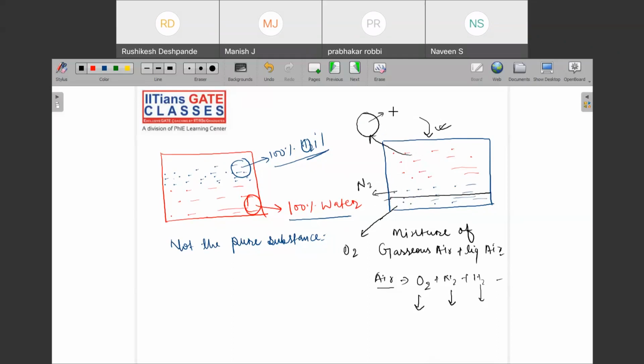Let us say oxygen and nitrogen have condensed, then there can be hydrogen and other gases. So can we appreciate this fact, that this is again not a pure substance? Why? Because I cannot find homogeneous composition, so I can say that no, this is not a pure substance.